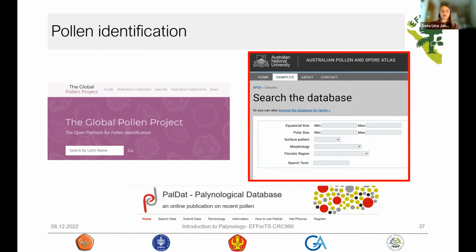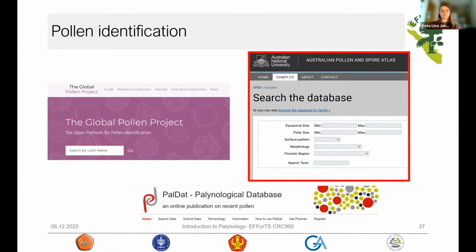There's by now already quite a lot of databases. It's still sparse because not so many people work with pollen, but some of them are very detailed. Just a bit of advice here is to use the Australian Pollen and Spore Atlas, which also covers pollen from Indonesia.